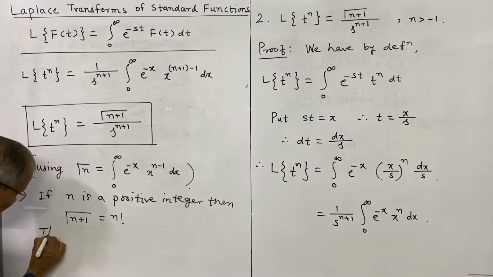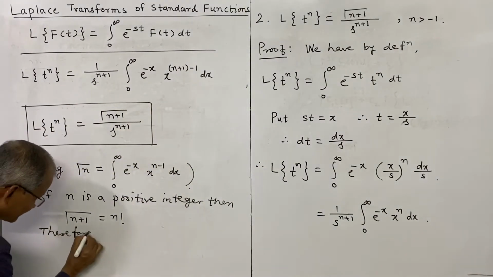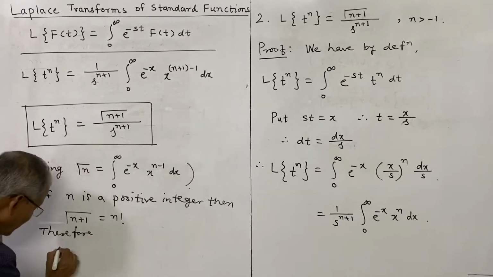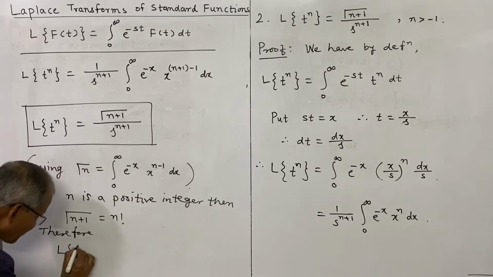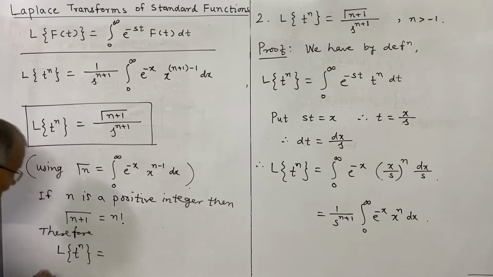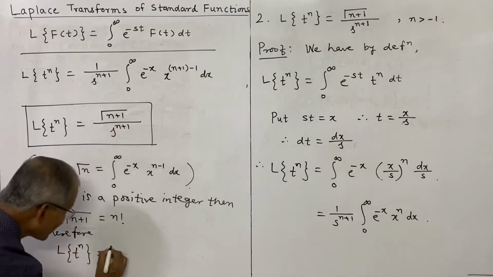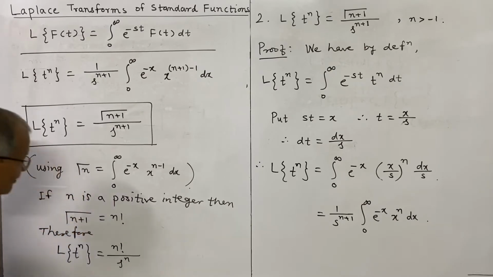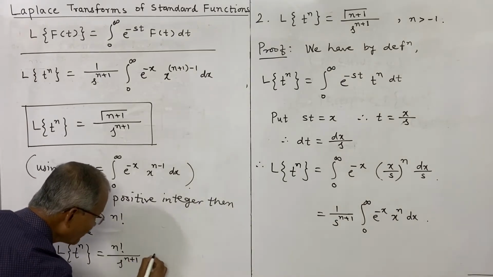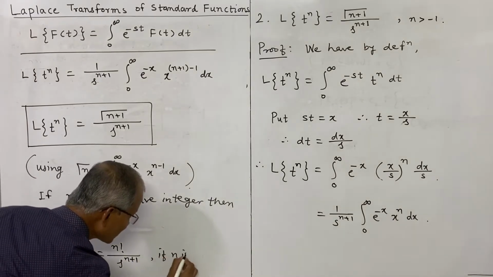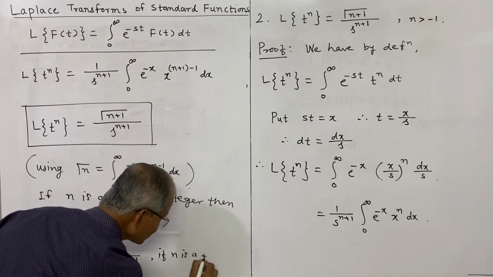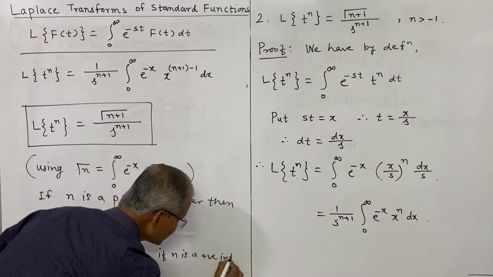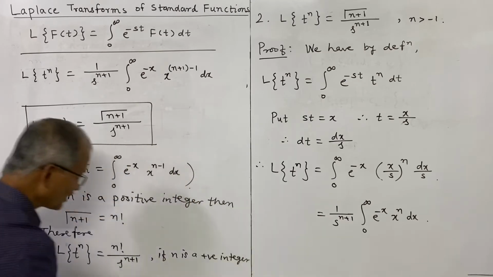Therefore, L of t raised to n is equal to gamma of n plus 1, which is now n factorial, divided by s power n plus 1, if n is a positive integer. So both the forms we shall remember.